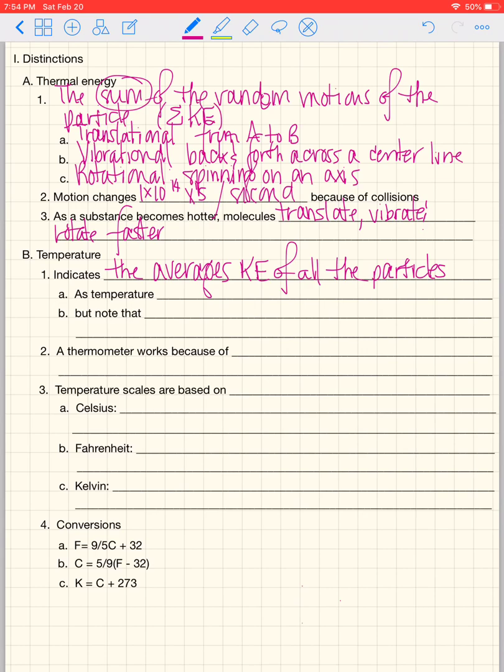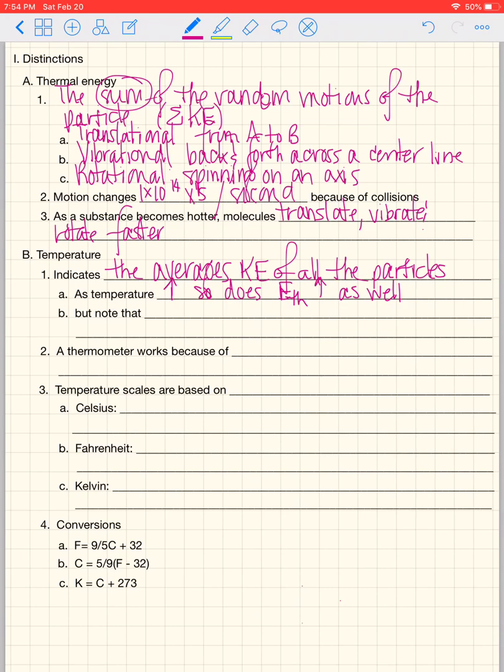And you already know this, or you would, it's intuitive for you to know this, as temperature increases, so does thermal energy. It increases as well. They are tied to each other because I can't increase the random motion of all of the particles without also increasing the average motion of all of the particles. The two concepts go hand in hand.